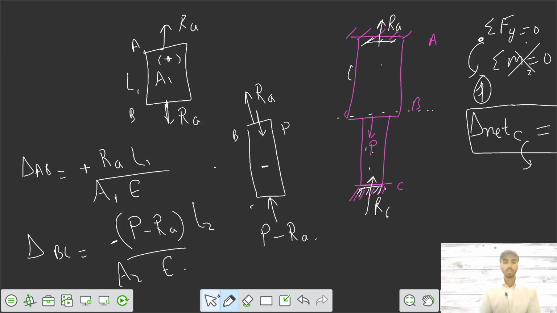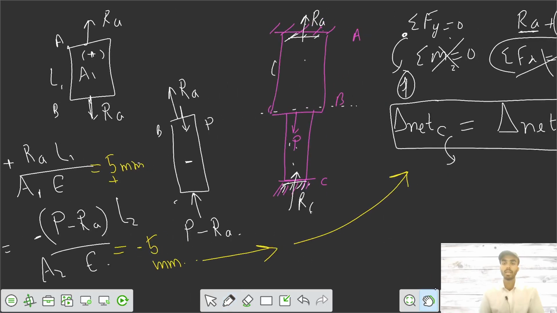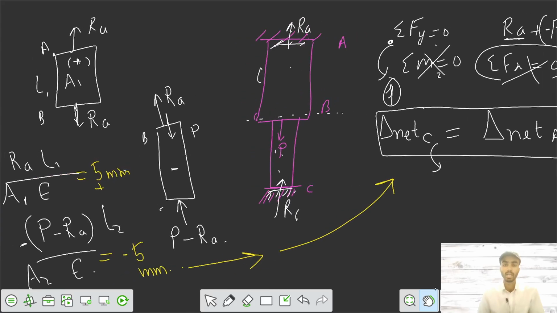So suppose the deformation delta AB equals 5 mm positive. Delta BC has to be minus 5 mm in order to satisfy this condition, that net displacement at C, or net displacement at A, has to be 0.